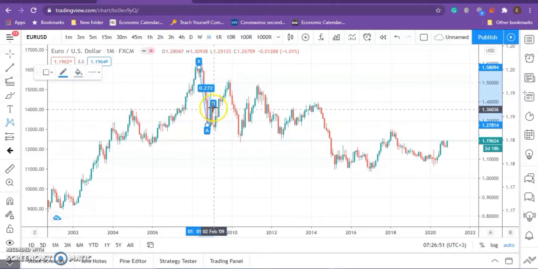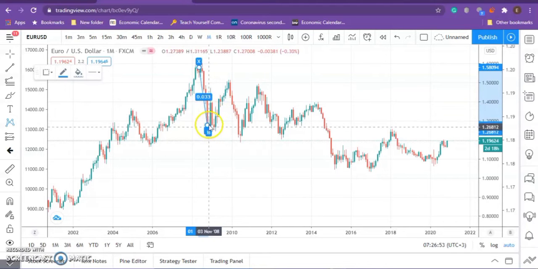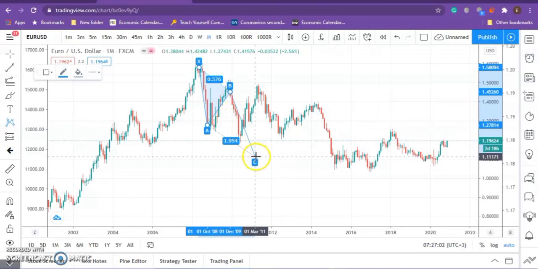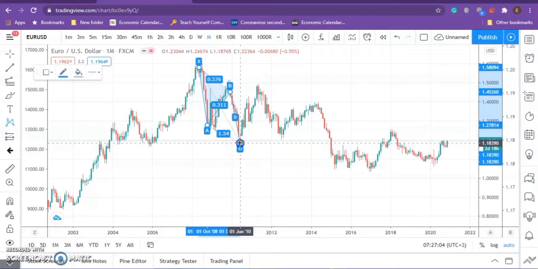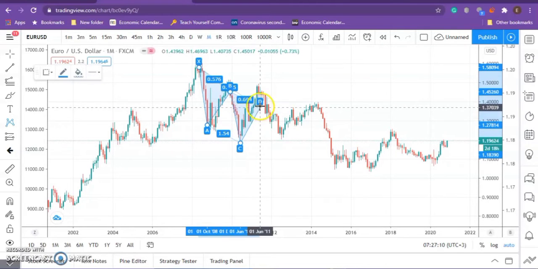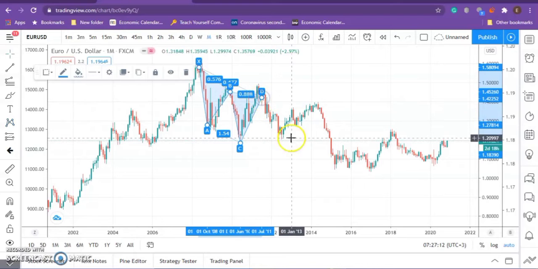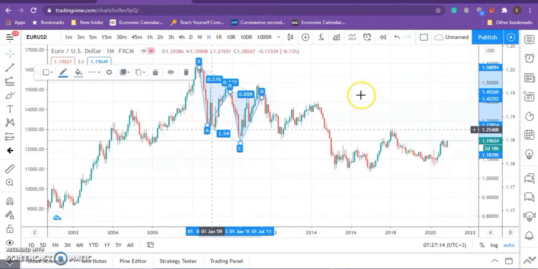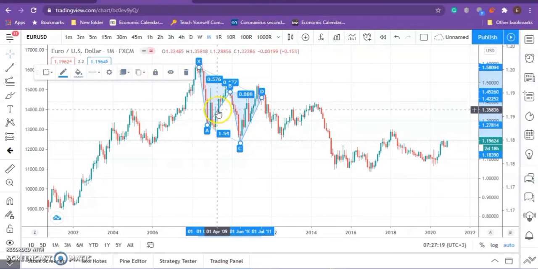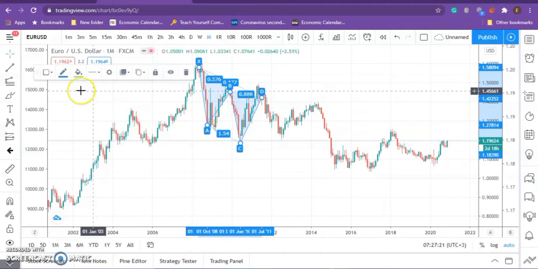Assuming that our graph is up to this point A, then that would mean our B would be around this point, and our C would be lower than our A, which is exactly what it has done, and our D will be higher than our A. Yeah, so basically that's how a harmonics pattern looks like.